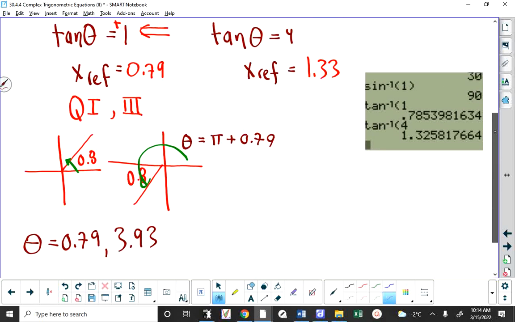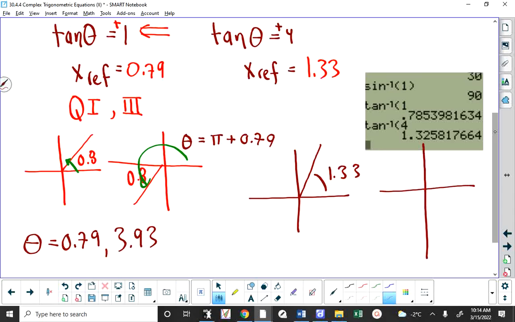Take a look at tangent equals 4. 4 is also a positive number, so we're still looking in quadrant 1 and 3. This time, however, it's a reference angle of 1.33. So we can just add to our list down here.